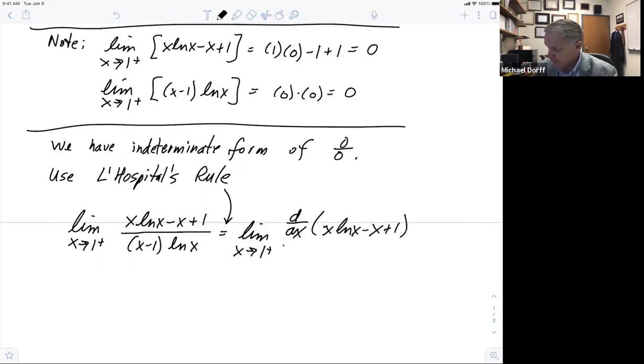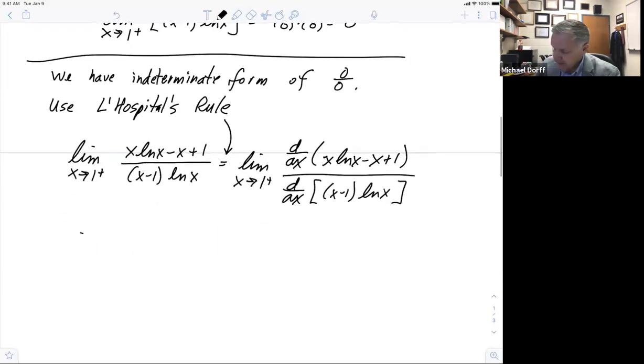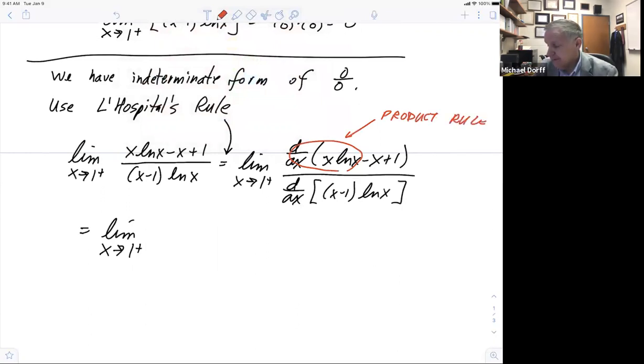We have this over the derivative of the denominator, which is this. Okay, so now when we take those derivatives, what do we have? In the top, this is going to have to be a product rule, because we have x times natural log of x.